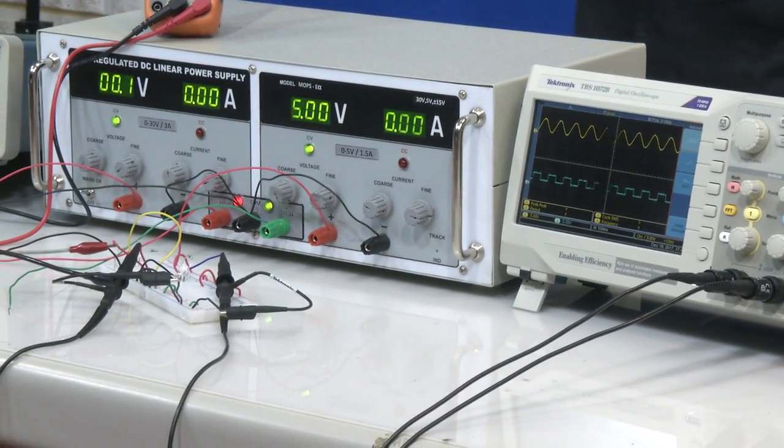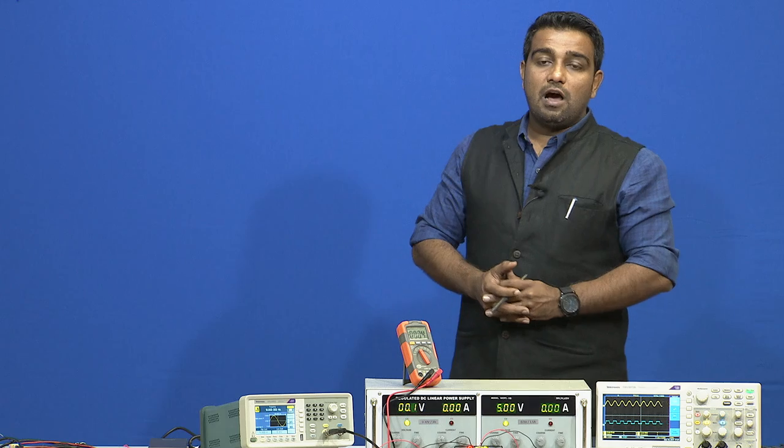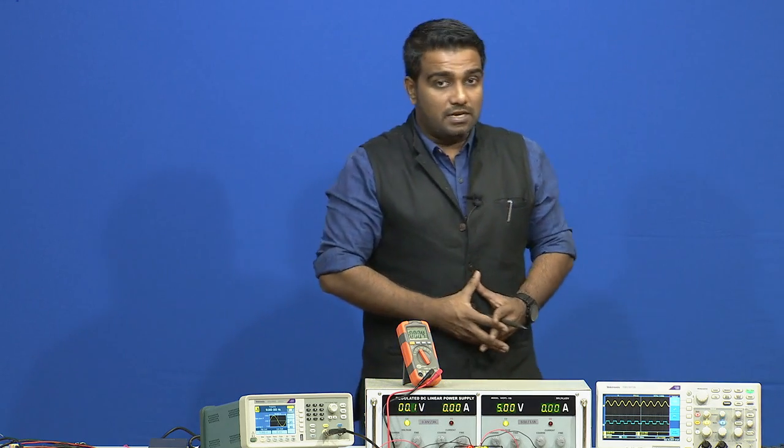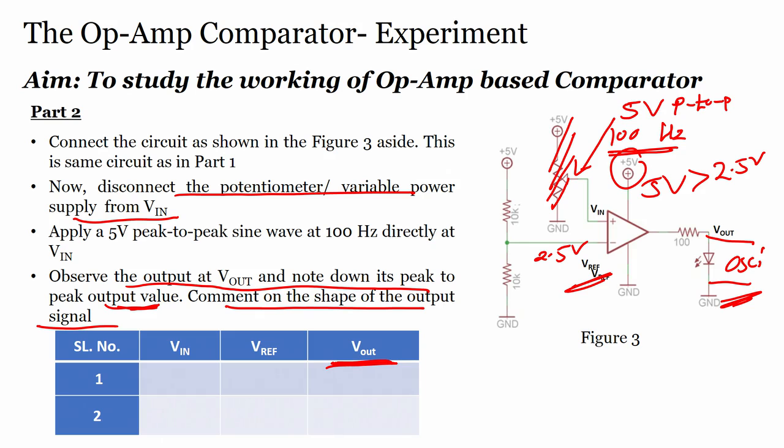So, in this particular exercise, what we have seen is that we can use op amp as a comparator. Then we have seen that when we apply V in greater than and less than V reference, how the comparator operates, and finally we have seen that when we use 5 volts peak to peak sine wave, the output voltage will result in a square wave, right.